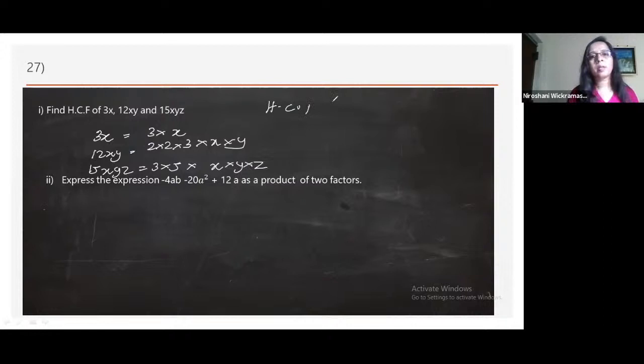HCF equals 3 common, only 3 common, and x common. The highest common factor is 3x.